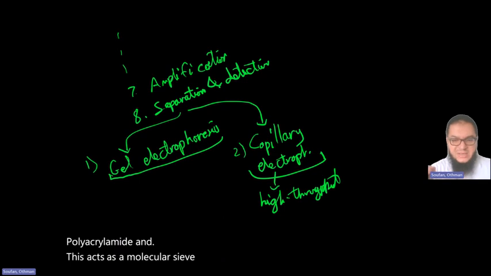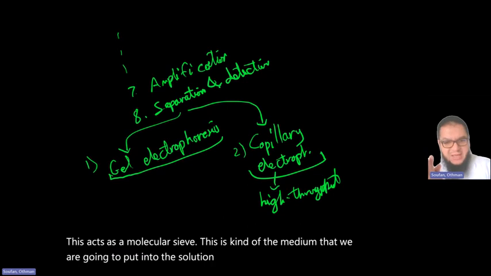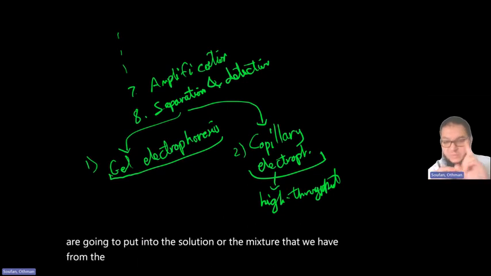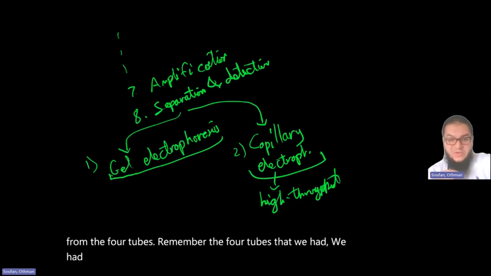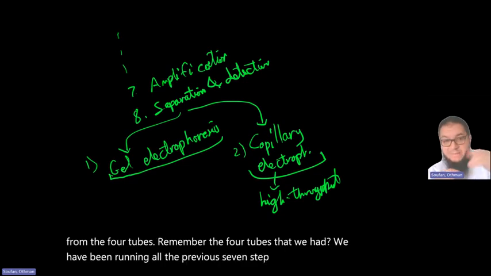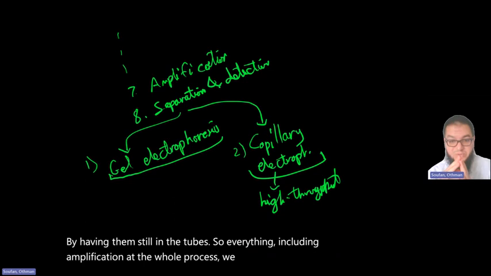This is the medium that we are going to put the mixture from the 4 tubes into. Remember the 4 tubes that we had? We have been running all the previous 7 steps, including amplification, with them in separate tubes.